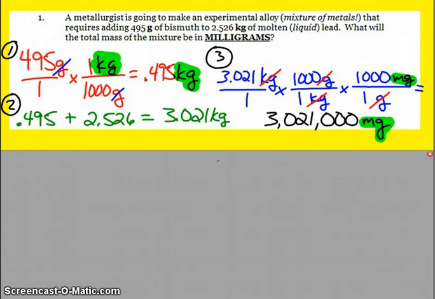You could have changed this and this, the grams and the kilograms, into milligrams and then added them together. You could have even changed lead into grams, add that together, and then change to milligrams. So there is more than one way to do that problem. The goal, get 3,021,000 milligrams as your answer.